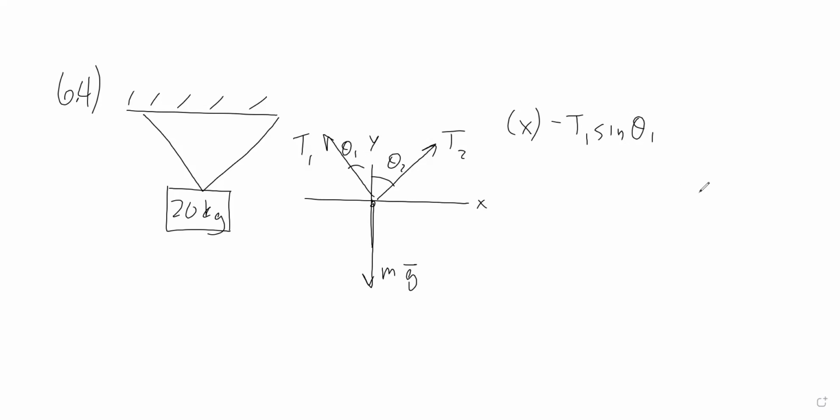And this will be plus T sub 2 sine theta 2. And that will equal 0, because we forgot to write down F net. F net in this case is also 0.